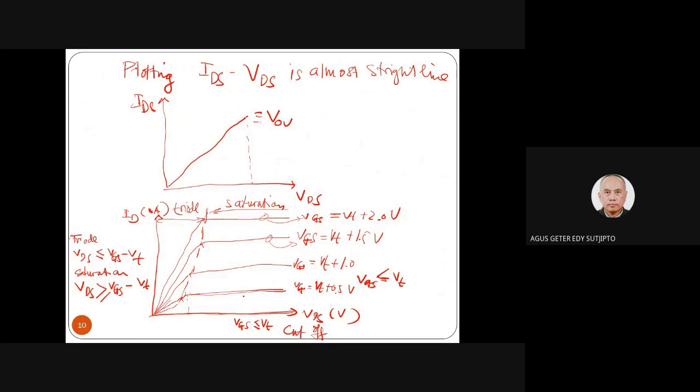But when VGS is the threshold plus something, for example 0.5 volt, we have a certain value of current here, and then another current with another VGS, in saturation. A different current. So that's why we say the VGS controls the current.